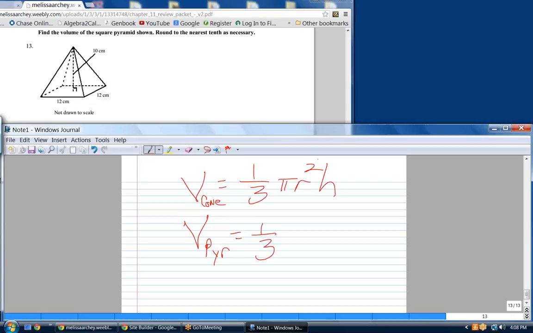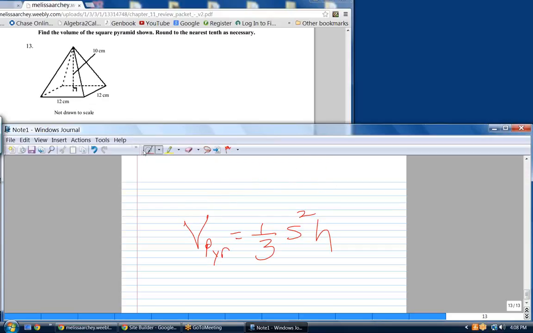Area of the base. Notice that this is the area of the base. Only for a pyramid, what's the area of the base? The general formula is the side squared, times height. In other words, it's very similar. Notice how similar these two things are. This is the area of the base times the height times 1/3. This is 1/3 times the area of the base times the height. Okay, so those are the two key formulas.